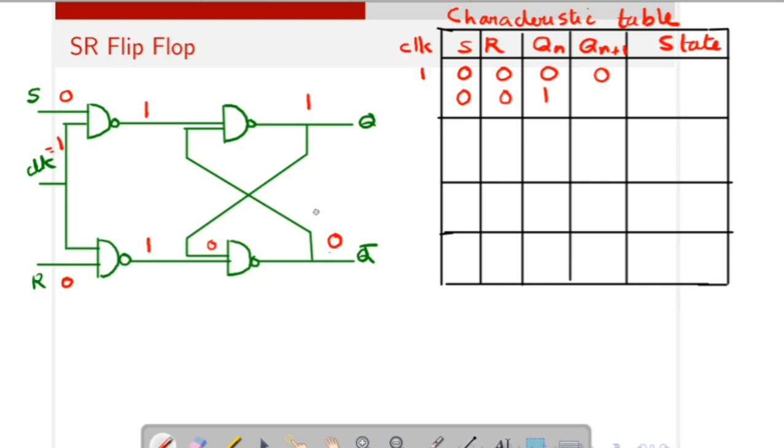Again it retains the state. That means here it is 1, here it is 0. In the case of the first NAND gate, one of the inputs is equal to 0, so the output is 1. Here it is 0, so we get 1. That means there is no change for the output. It retains the previous state. Whatever the present state may be, the next state is the same.